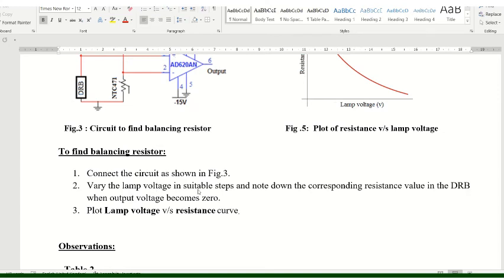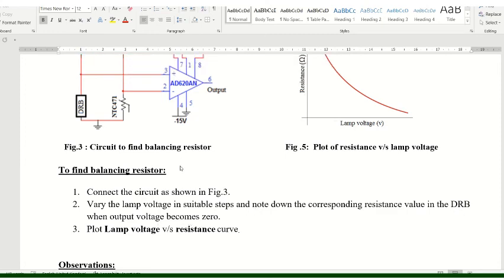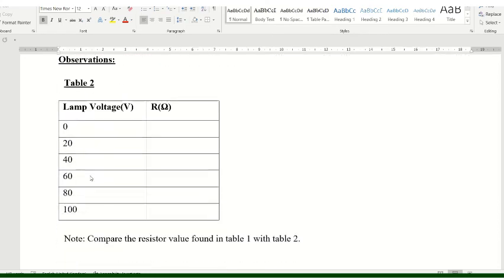In order to do that, again we will take different lamp voltages. Vary the lamp voltage in suitable steps, and note down the corresponding resistance value in the DRB when the output voltage becomes 0. So whenever the output across the thermistor becomes 0 for different lamp voltages, note down the DRB resistance. You will plot here, for the different lamp voltages, the resistance that you have noted down from the DRB.